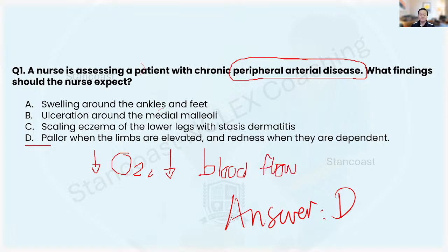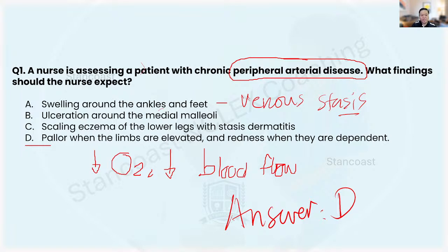Okay. If you had answered letter A, swelling around the ankles and feet, remember that this is a characteristic sign of venous stasis, which is common in the other problem, the venous type of PVD.